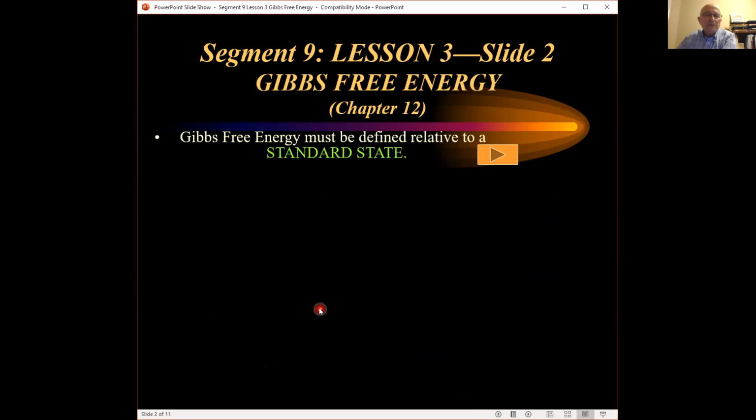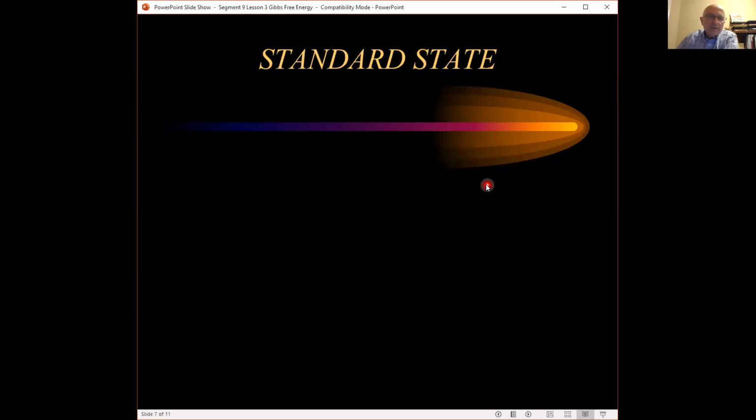Gibbs free energy must be defined relative to a standard state. Now, here's what we have: this idea that there is a true 0 somewhere, and we don't know what it is, and we don't know how to configure a system that would have 0 free energy within it.